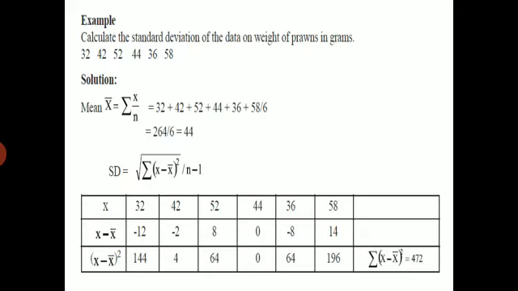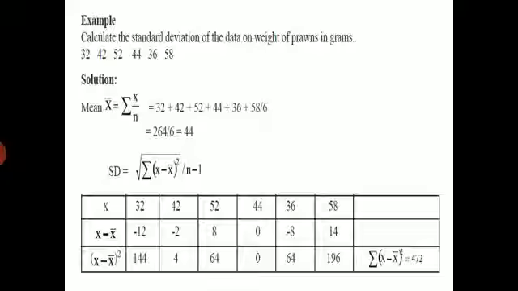Okay, so let's study this example and you'll understand how you can calculate the value of variance. Calculate the standard deviation of the data on weight of prawns in grams. The values are 32, 42, 52, 44, 36 and 58.